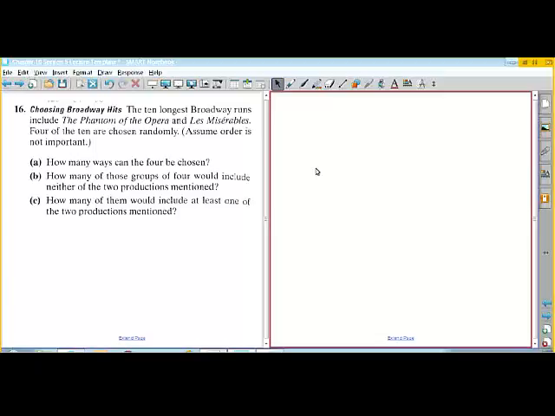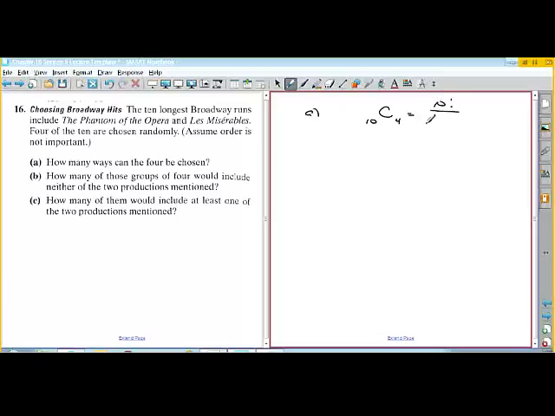So when we answer question A using combinations, here's A. We just have to figure out what the numbers are. How many shows can we choose from if there are no restrictions? 10. And how many are we choosing? 4.